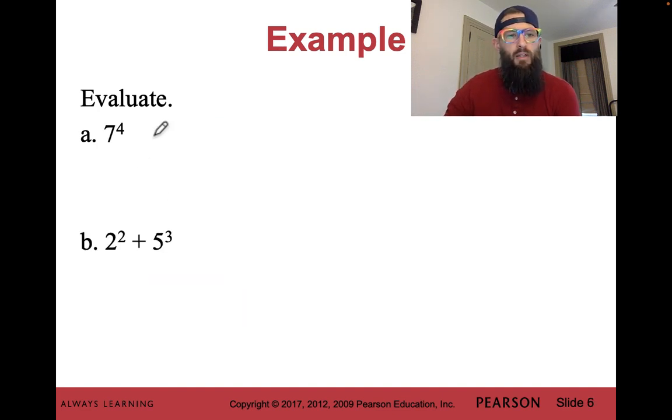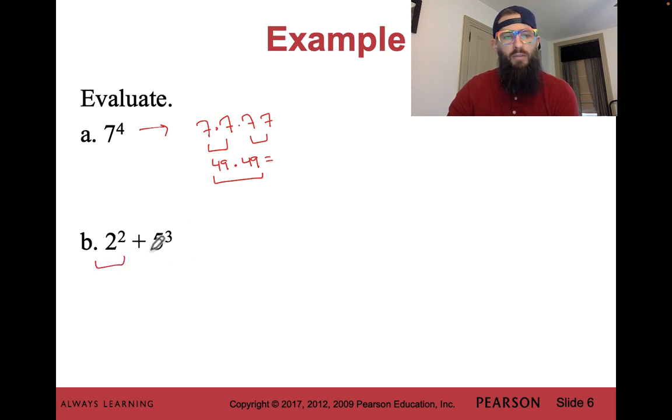Now similarly here, we have 7 to the 4th power, which is 7 times 7 times 7 times 7. A way that we can simplify it is 7 times 7 is 49. So we have 2 groups of 49. I'm not going to multiply this out, but you could do 49 times 49, and it's going to give you the proper value of 7 to the 4th power.